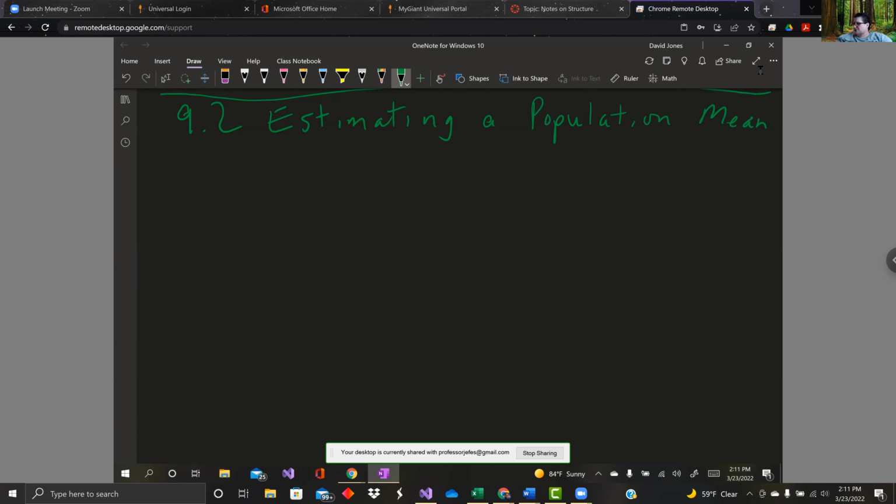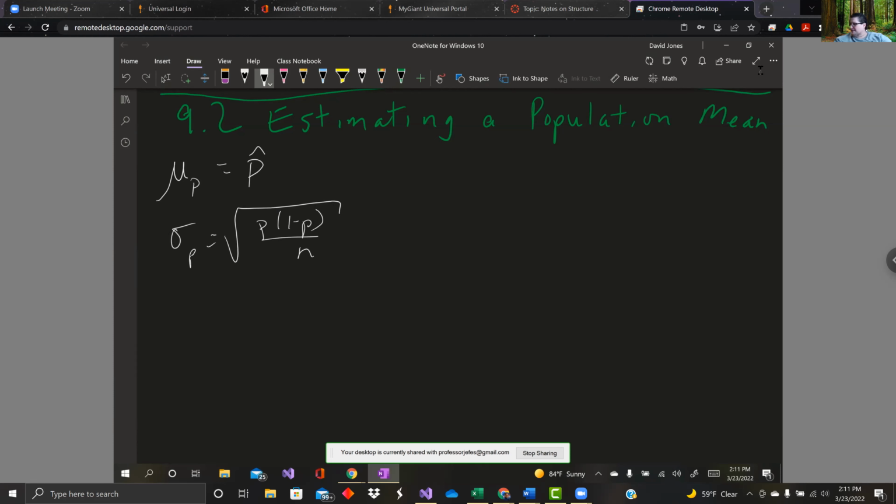And I wanted to remind you, since we're doing this sampling distribution thing, we need to get a mean and a standard deviation. Remember when we were doing proportion, we had the mean was p hat. And the standard deviation of p hat was the square root of p times 1 minus p over n.